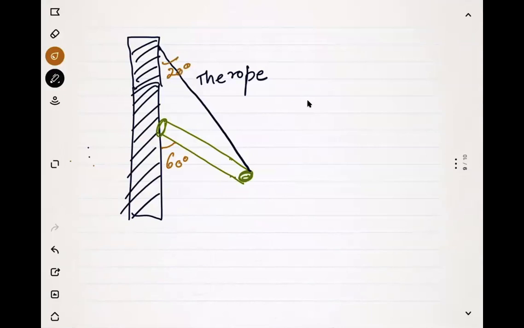Let's suppose if this angle is 60 degrees, the angle that is above this one will be 120 degrees. So the angle that is missing, one second, it would be 20 and 60, 80. So this is 60, this would be 120.